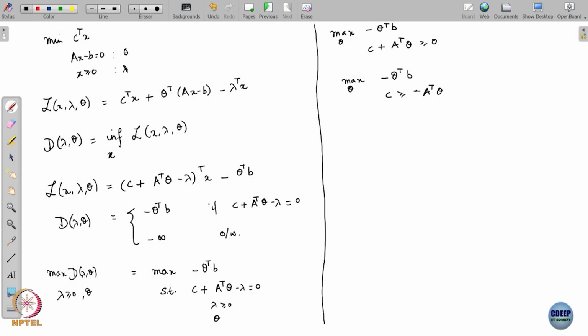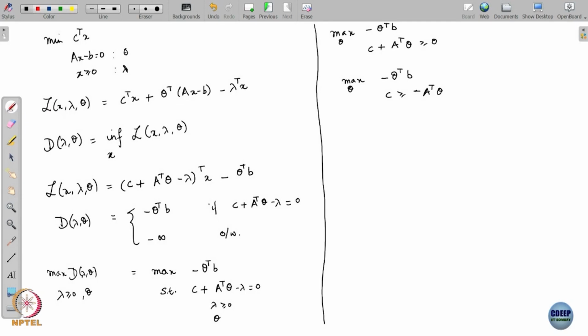Now notice something that we can do. Since theta has no sign constraints, maximizing minus theta transpose b subject to C greater than or equal to minus A transpose theta, I can just replace theta by minus theta, and the optimal value of the optimization problem should remain the same.